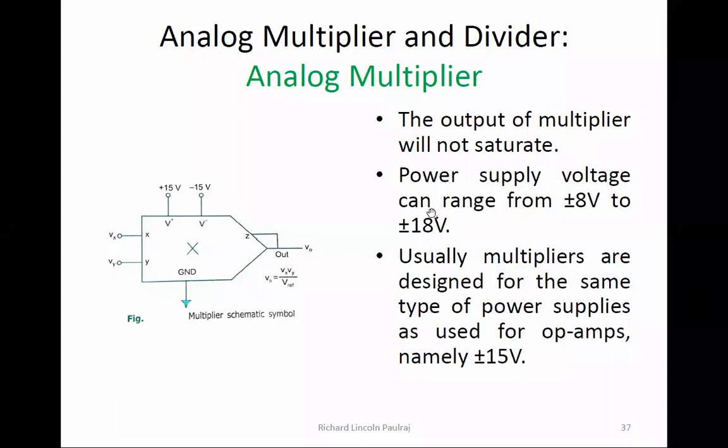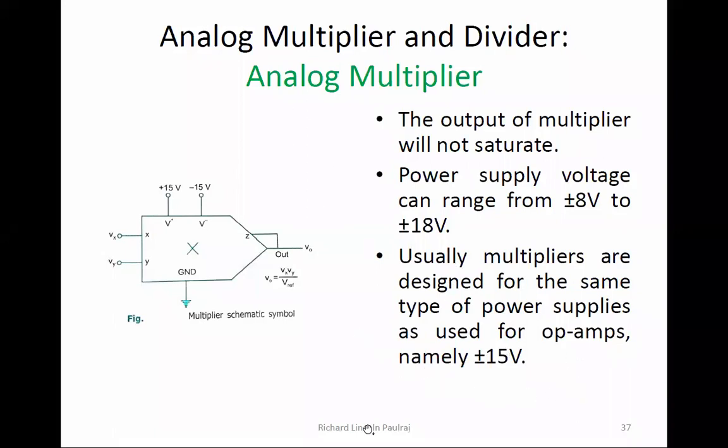Power supply voltage can range from 8 to 18 volts, right? So usually we keep about 12 to 15 volts. So why am I using plus or minus? So that it goes to one of the terminals, plus terminal and minus terminal. Usually these multipliers are designed for the same type of power supplies as used for op-amps.